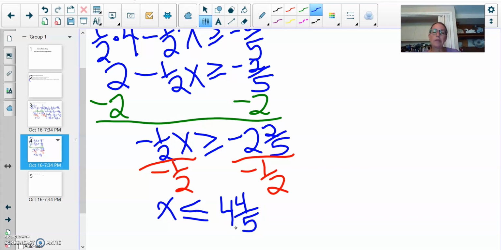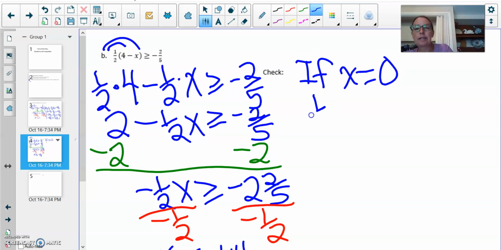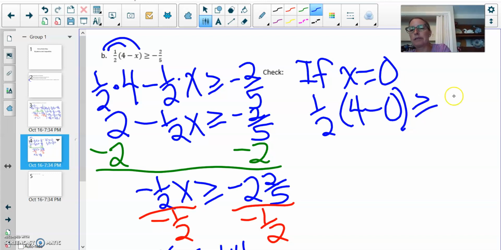So for my check, I can use any number below 4 4/5. So I'm going to use 0. So if x equals 0, go back to my original. It's 1/2 times 4 minus 0 is hopefully greater than or equal to negative 2/5. 4 minus 0 is 4.